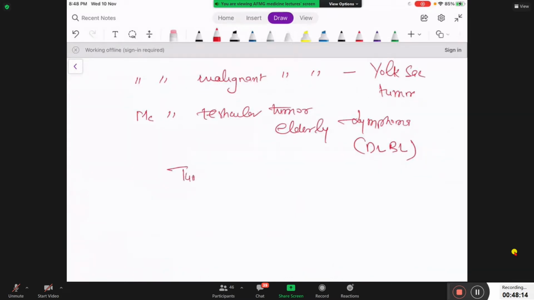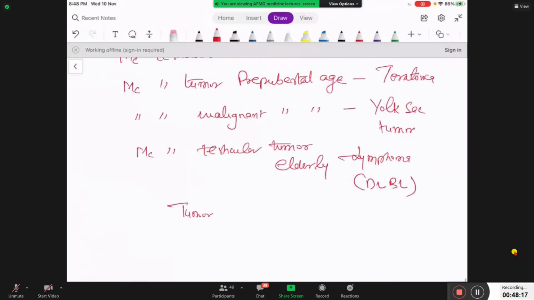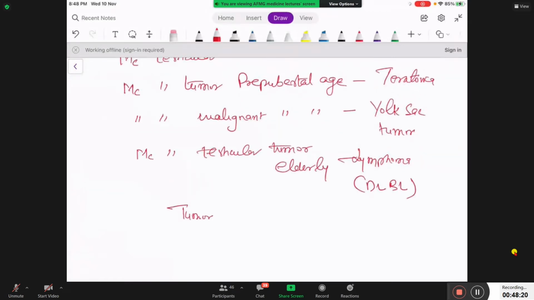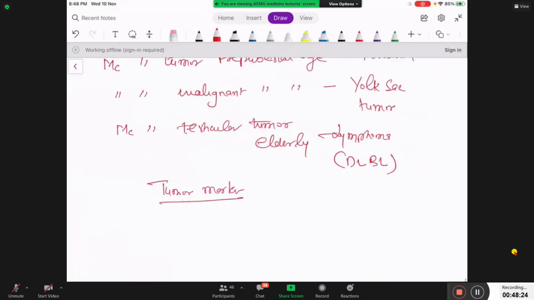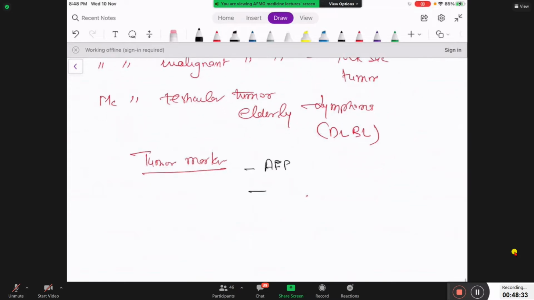The tumor markers for testicular malignancy are alpha fetoprotein, important, beta HCG, LDH, not MDH, placental alkaline phosphatase, and gamma glutamyl transpeptidase.